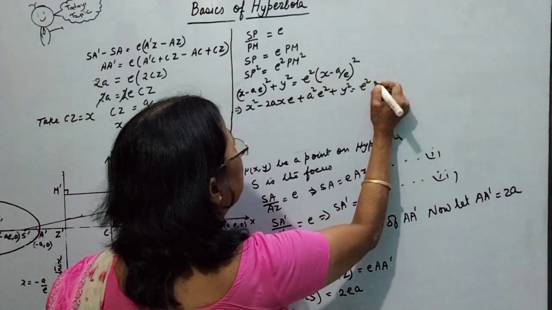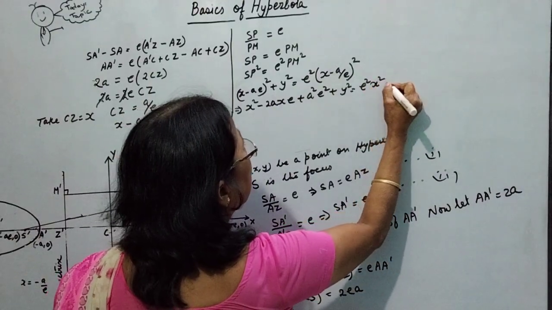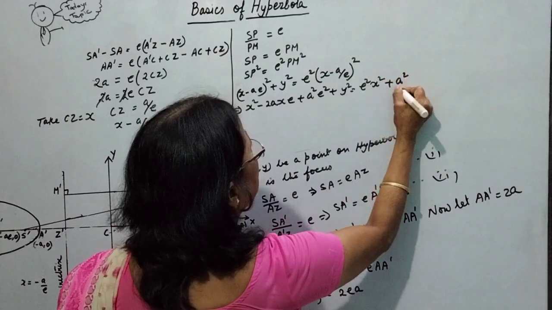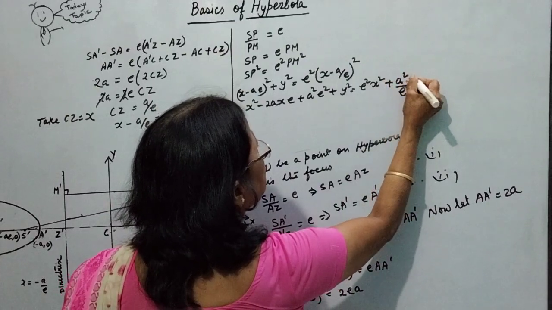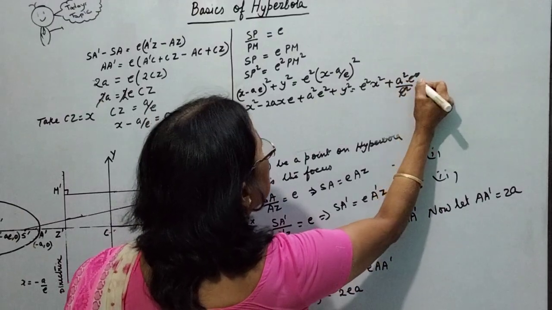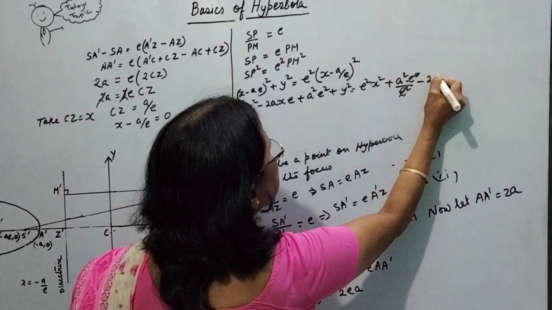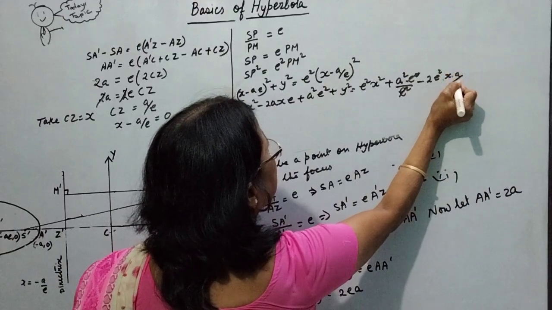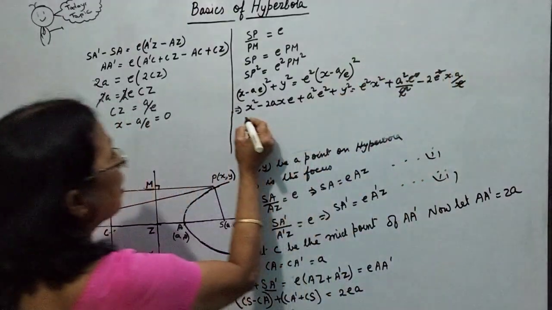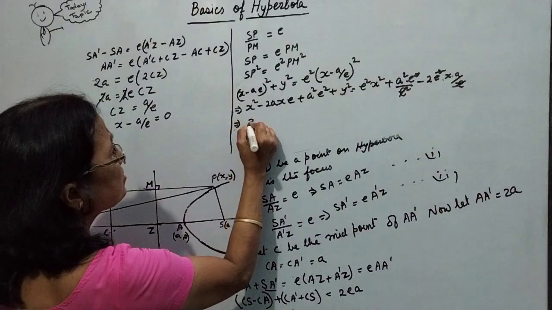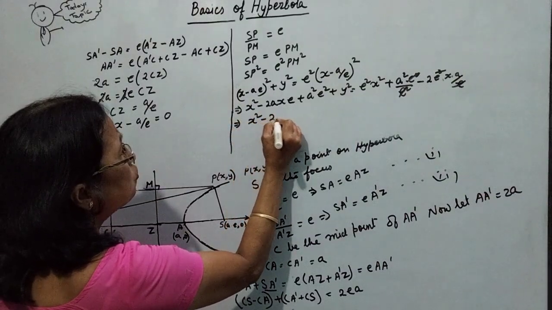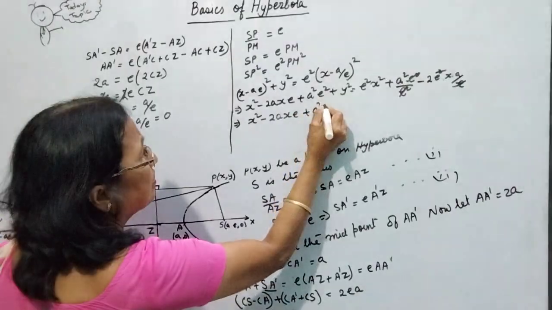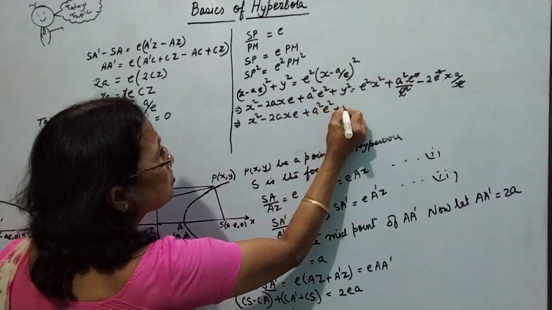In one line we can do E square X square plus A square by E square into E square. This cancels. Minus 2E square into X into A by E. So this cancels. So I think we are left with X square minus 2AXE plus A square E square plus Y square.